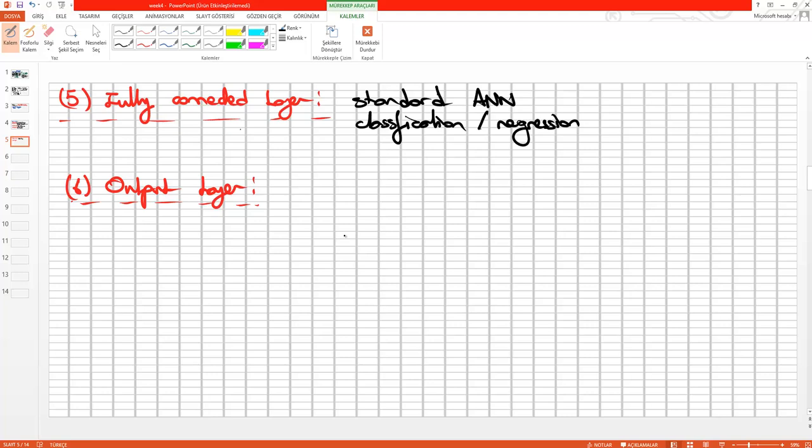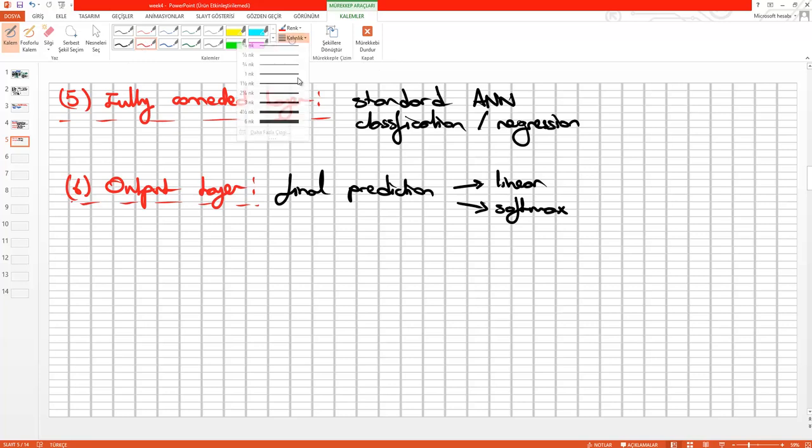And so in the output layer we produce the final prediction. We can use the linear neuron or the softmax neuron here. Regression or classification can be accomplished by using this output layer.